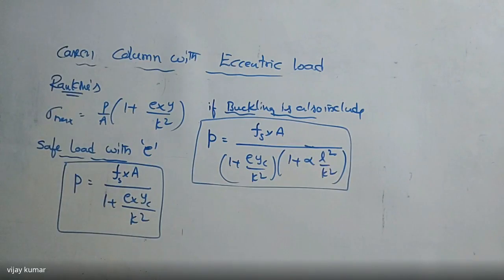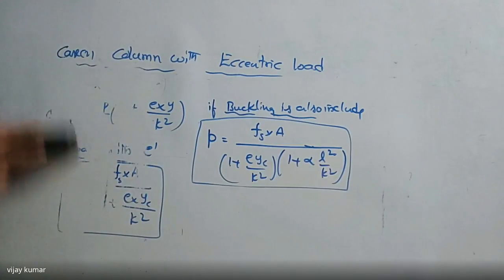Here, according to Euler's also, we can find the crushing safe load on the column and the maximum stress in the column. It is also named the secant formula, and also Perry's formula.